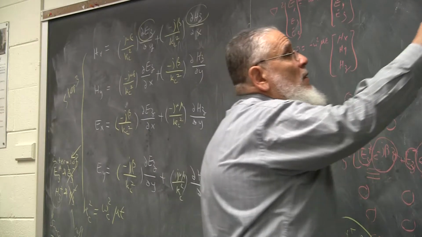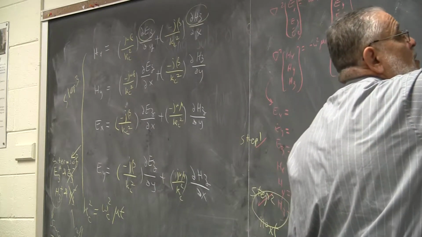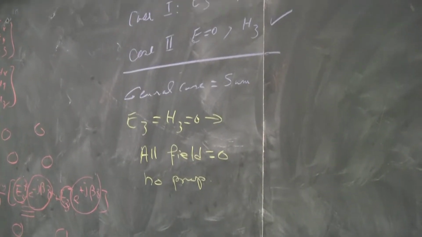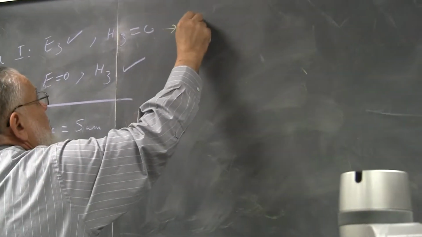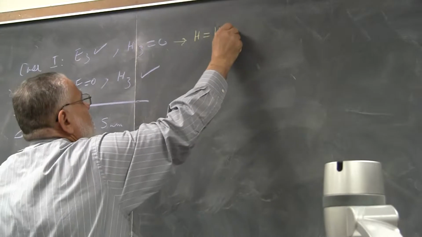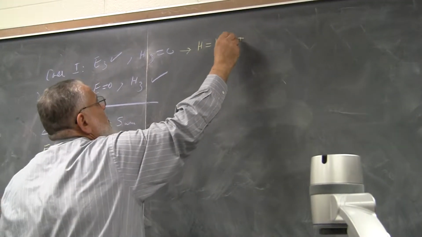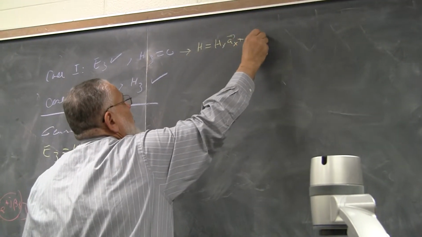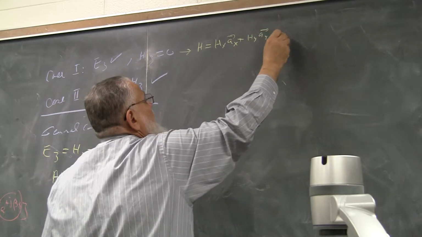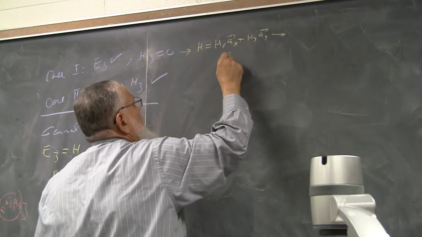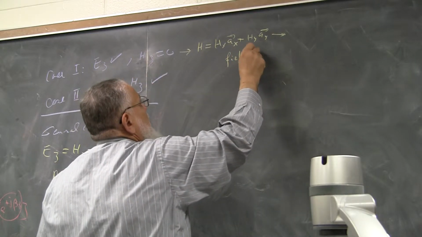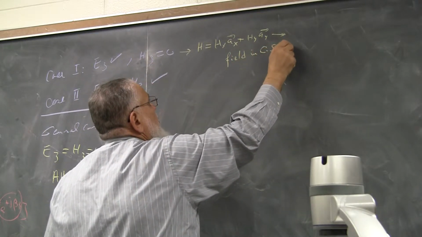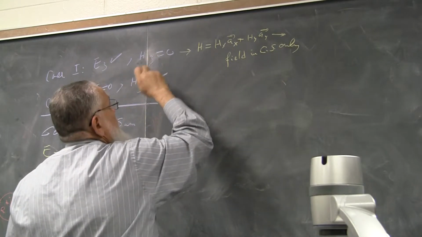The case when you have H sub z equal to 0, that means your H field is only Hx and Hy. When you look here, your H will be Hx Ax plus Hy Ay. So the field is in the cross section only. There's no longitudinal field. Field in cross-section only was H sub z is 0.